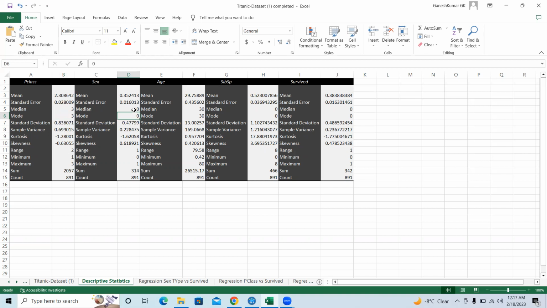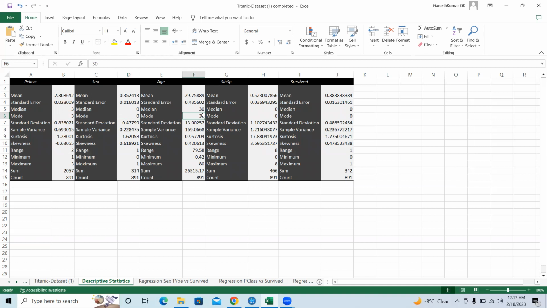And when it comes to sex, we can see that males travel more than females on the ship. Sorry, zero means male, so males travel more when compared to females.